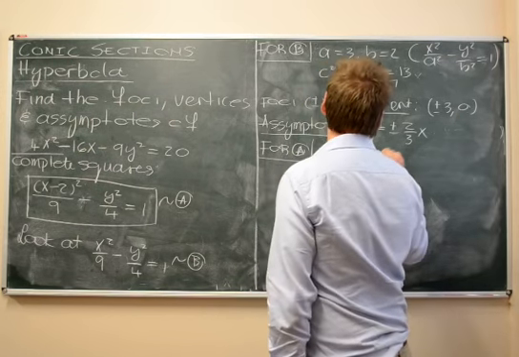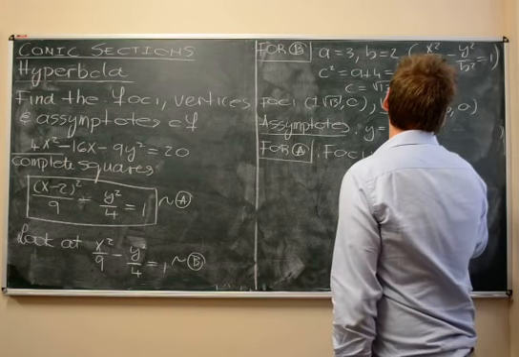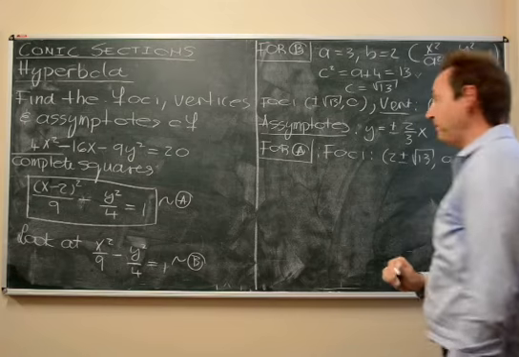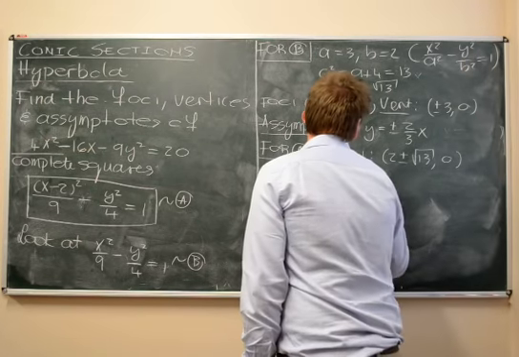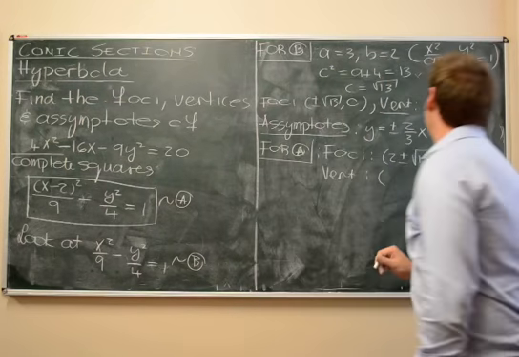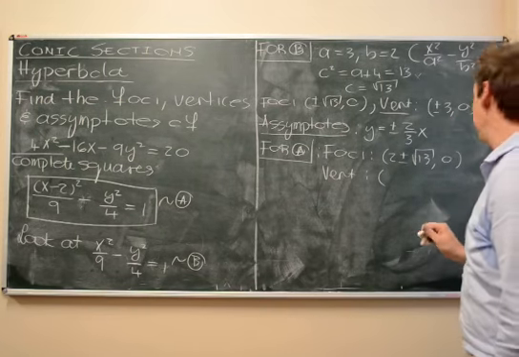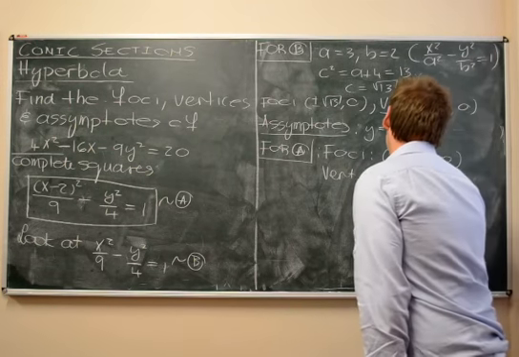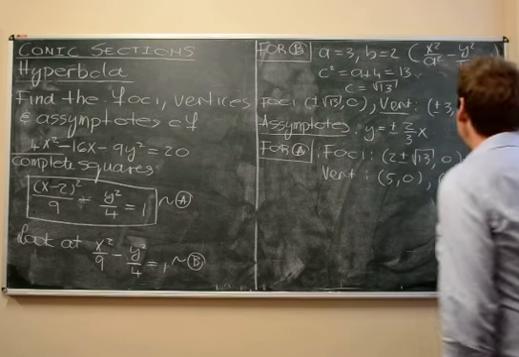So foci would be at 2 plus or minus root 13, 0. Our vertices are going to be at 2 plus or minus 3, 0, so at 5, 0 and at minus 1, 0.